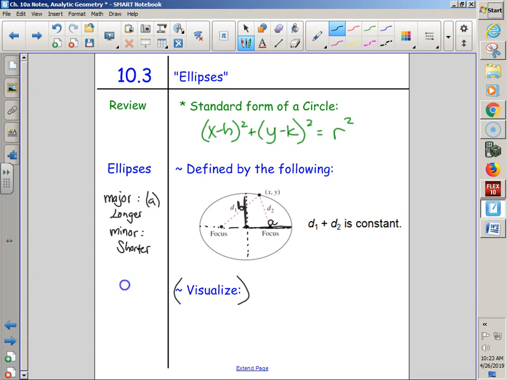Major is always going to go with A, minor is always going to go with B, so it kind of depends on whether it's longer vertically or longer horizontally as to who's the A and who's the B. But the A is only half that distance, and so actually we call the A the major radius and the B the minor radius, and then we call the whole thing the axis.